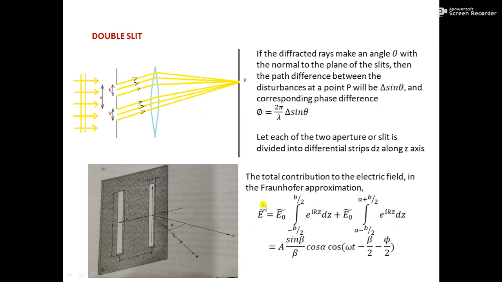And the expression for E comes as E equals sin beta by beta, cos alpha, and cos of omega t minus beta by 2 minus phi by 2, where we get two terms, alpha and beta. So alpha is equal to pi by lambda a sin theta and beta is equal to pi by lambda b sin theta.